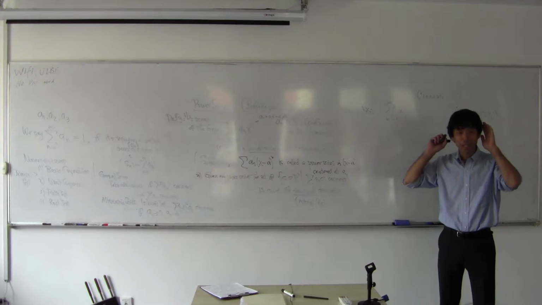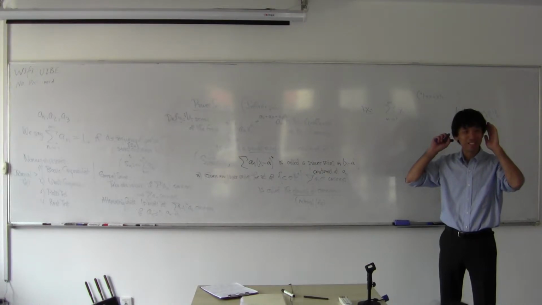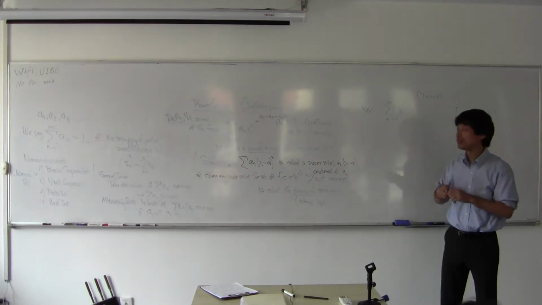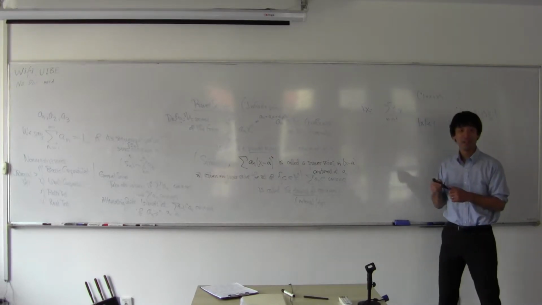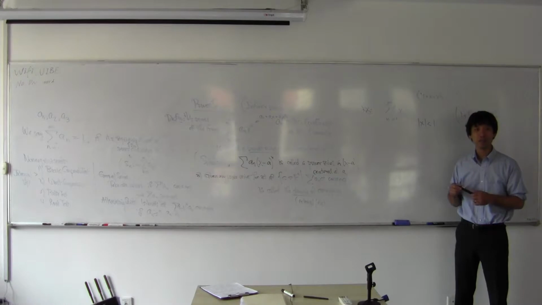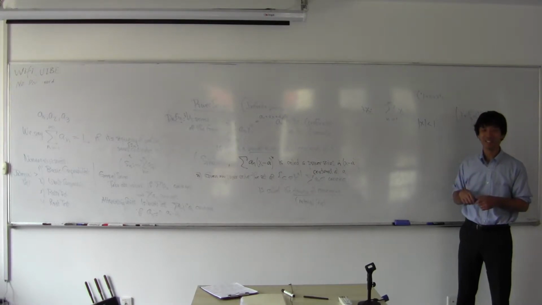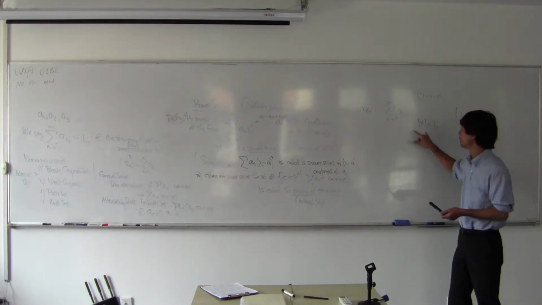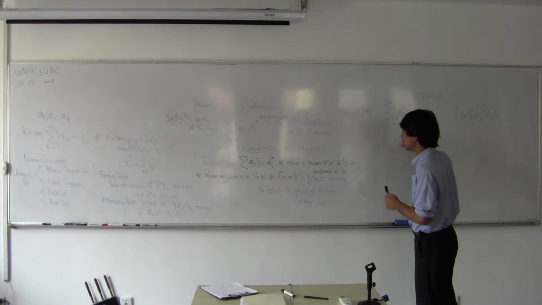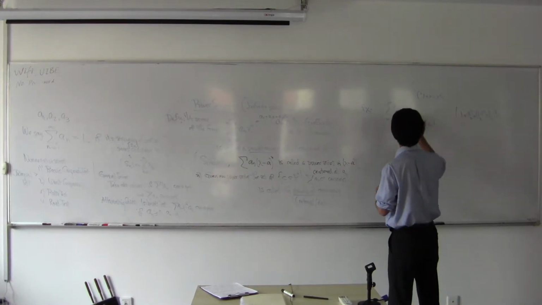Say it a little bit louder, I can't hear you for some reason. Smaller than 1? Yeah, so the absolute value has to be smaller than 1. The absolute value is smaller than 1. So this is the domain of convergence.